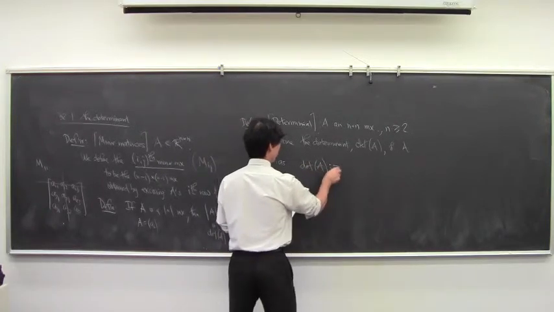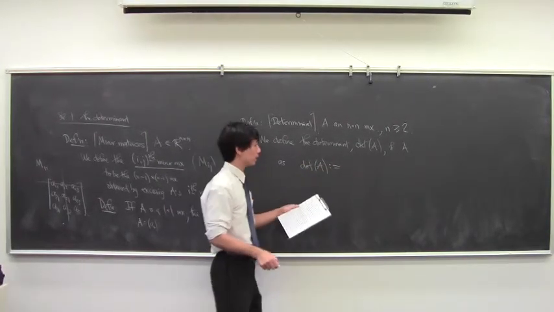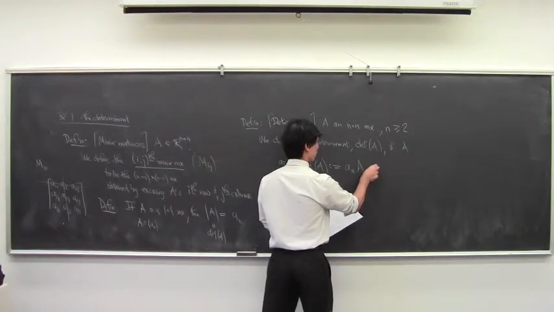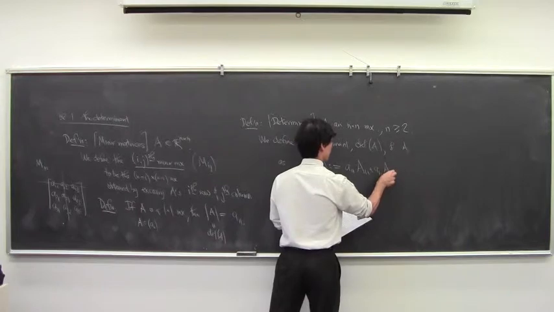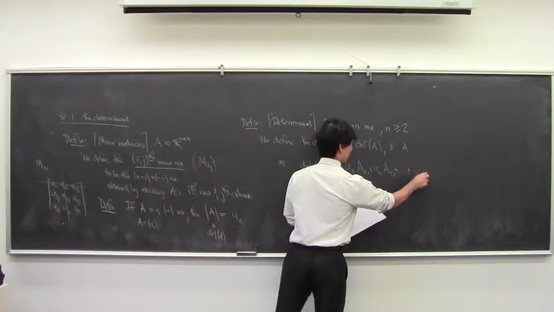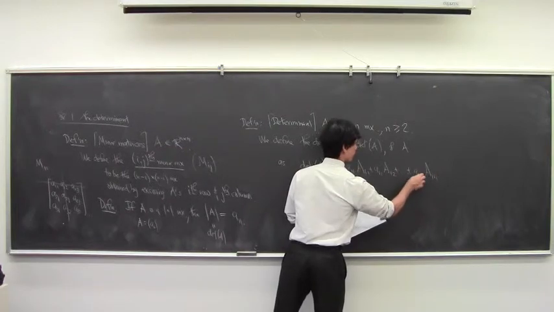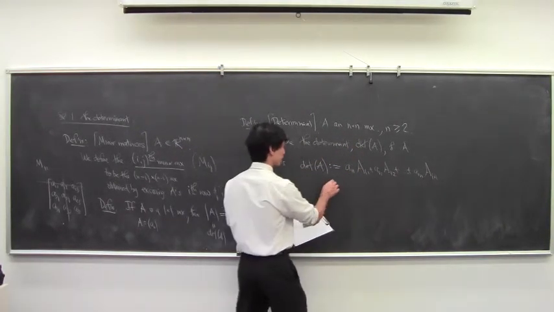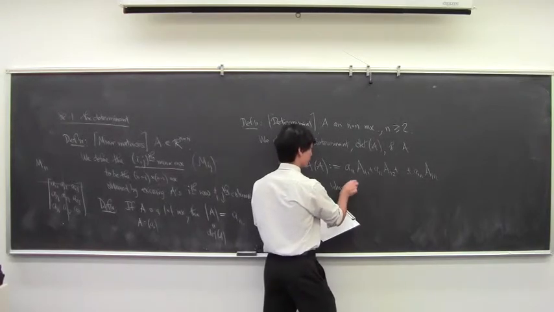It's going to be a little bit funny, but like this: A11 capital A11 plus A12 capital A12 plus A1n capital A1n, where I didn't explain what these capital A's are.